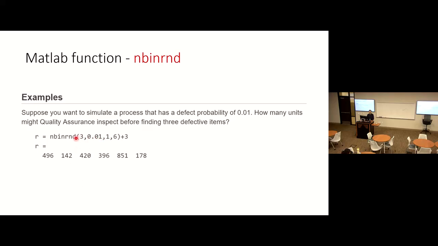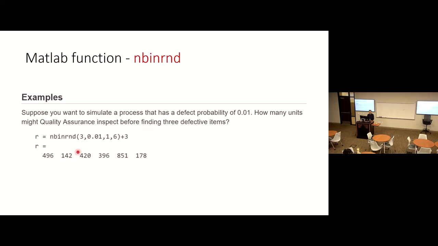This function here lets the program run 6 times. Sometimes you need 496 trials before you can get 3 defective ones, and sometimes you only try 142 and you get it.